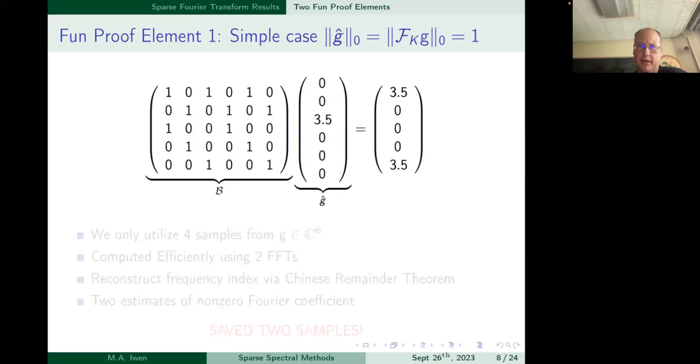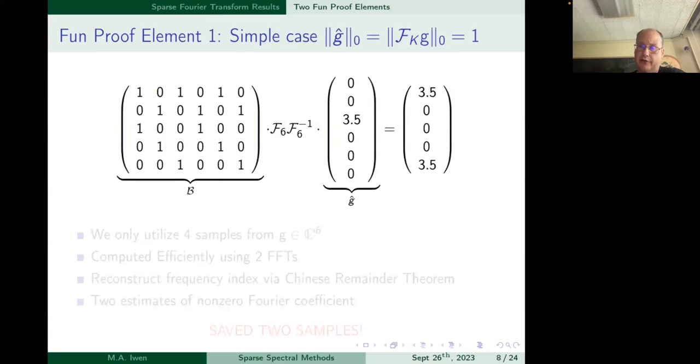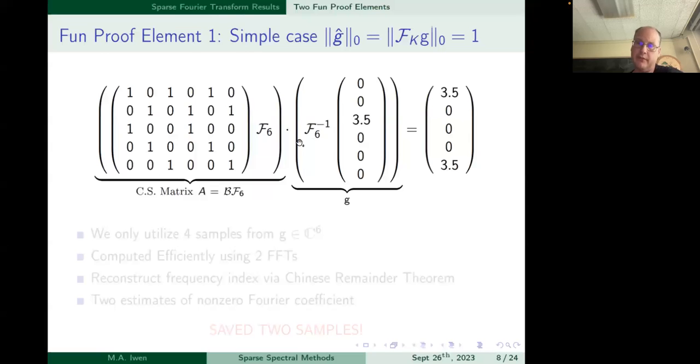Let's take this now and turn it into a simple sparse Fourier transform by multiplying by a discrete Fourier transform matrix and its inverse, and then regrouping. If I take the inverse discrete Fourier transform of this frequency vector, I have samples of my original vector G that I'm allowed to look at.